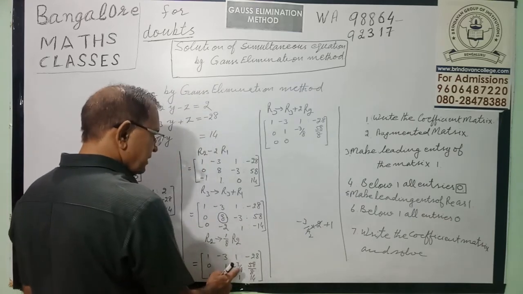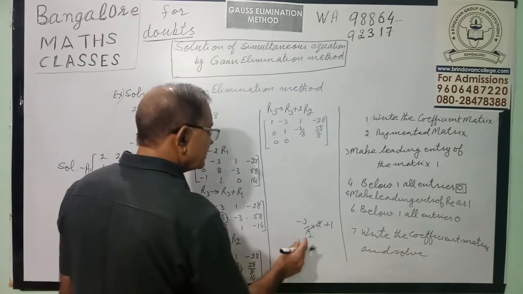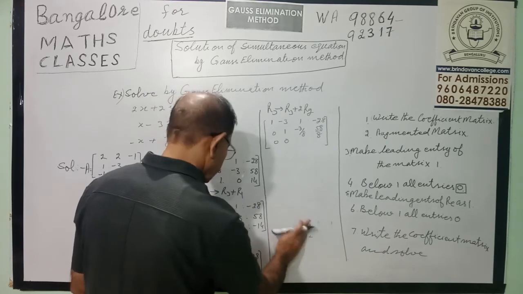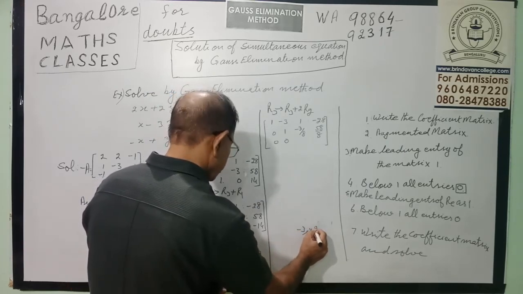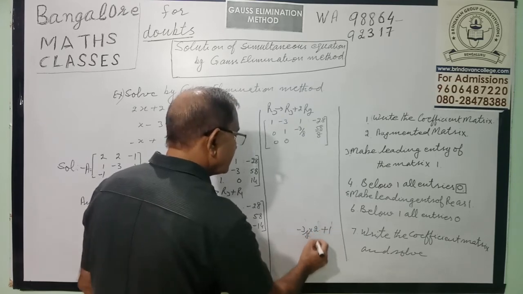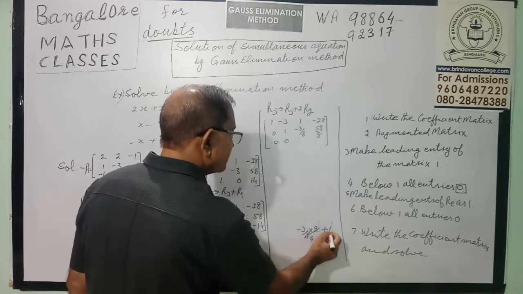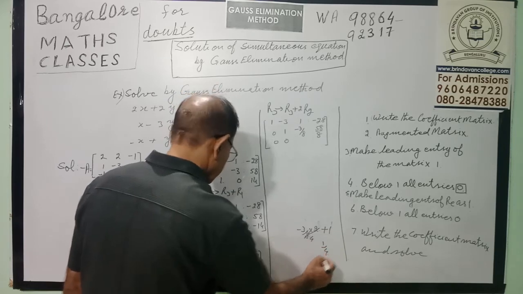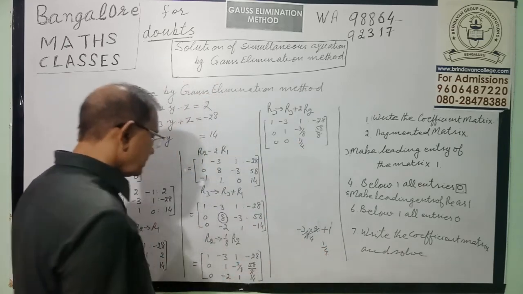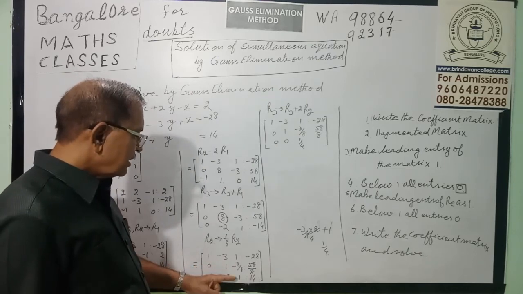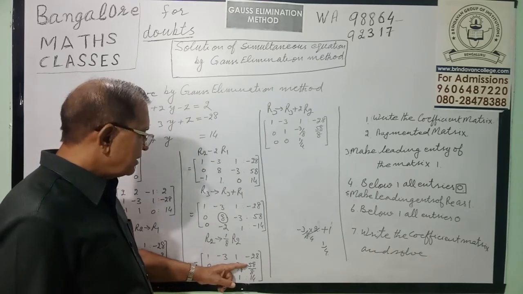See here once again double 3 by 8. Double it and add 1. Minus 3 by 4 plus 1, that is 1 by 4. So we'll get here 1 by 4. Double and add.